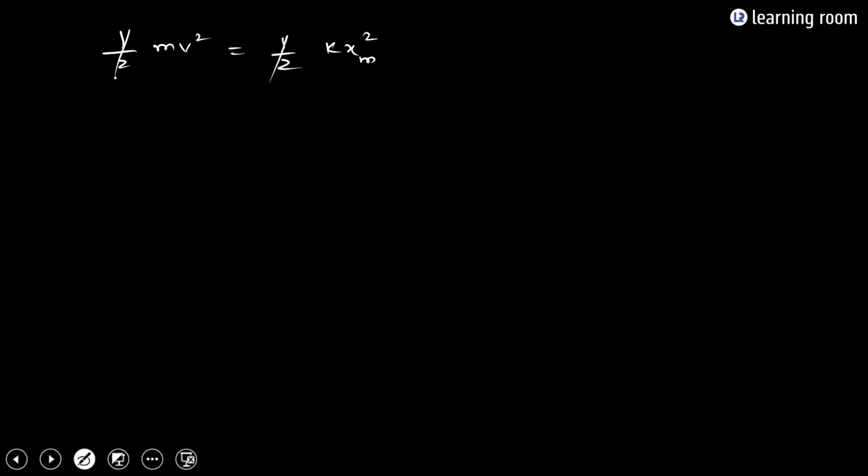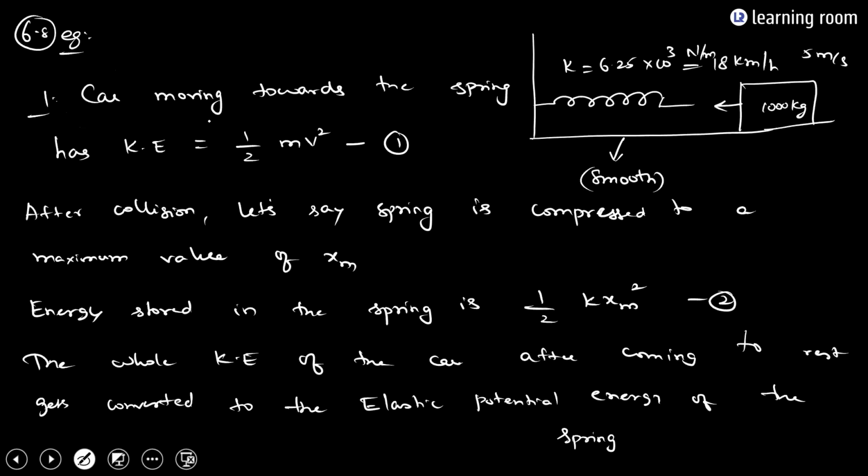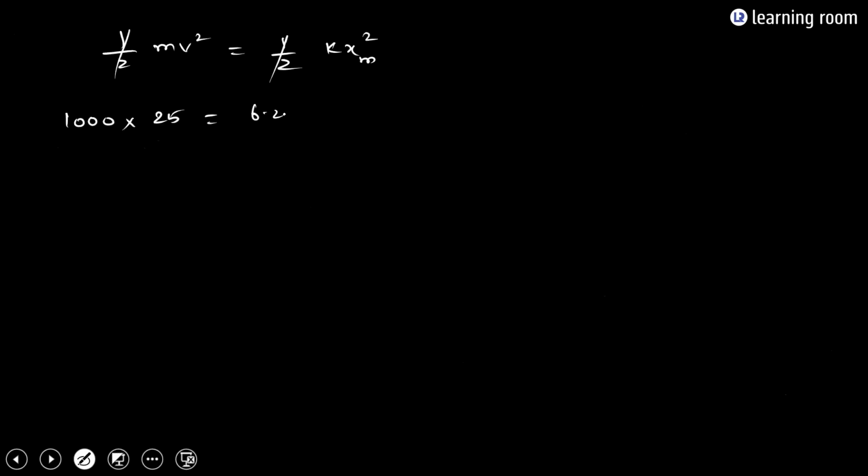What is going to be the mass of this car? That is 1000 into speed, which is 5 meter per second, so 25 is equal to k, which is 6.25 into 10 power 3, into xm square. 10 power 3 and 1000 are gone. So 25 will cancel this 0.25 times.